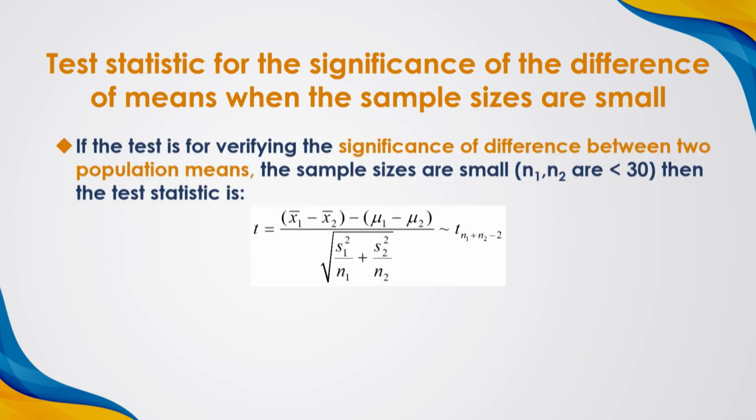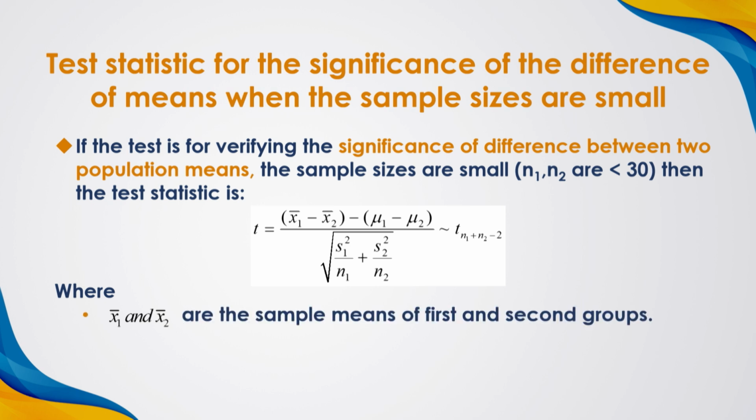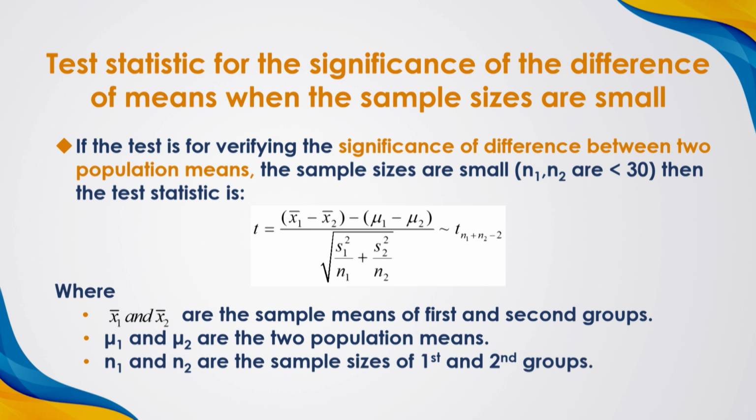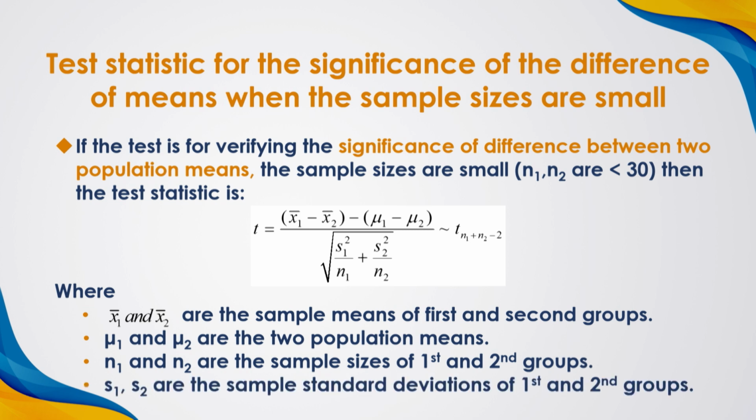In this, the test statistic is t equal to x1 bar minus x2 bar minus (mu1 minus mu2) over root of s1 square by n1 plus s2 square by n2, which follows t with n1 plus n2 minus 2 degrees of freedom, where x1 bar and x2 bar are the two sample means of the first and second groups, mu1 and mu2 are the two population means, n1 and n2 are the sample sizes, s1 and s2 are the sample standard deviations of the first and second groups.